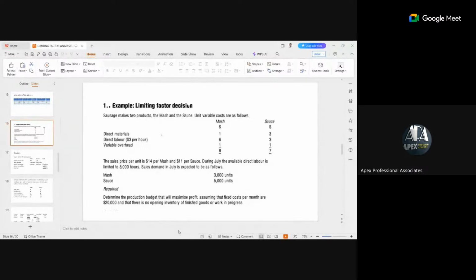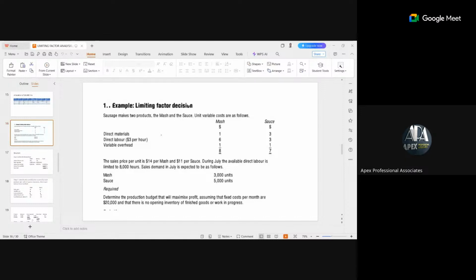Take note, when solving limiting factor questions, you will determine the contribution per unit. Hence, you move further to determine the contribution per limiting factor. So you always need to identify there is a two-stage contribution process when solving a limiting factor question.